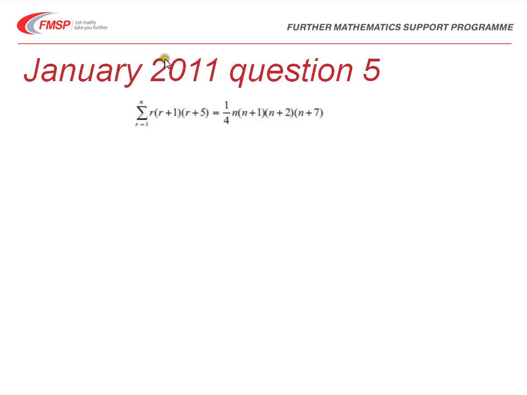Okay, so here's the first part of the question. The first thing we need to do then is to look at the left hand side, the sigma (r plus 1)(r plus 5), and multiply out these brackets. I'll do that in two stages.